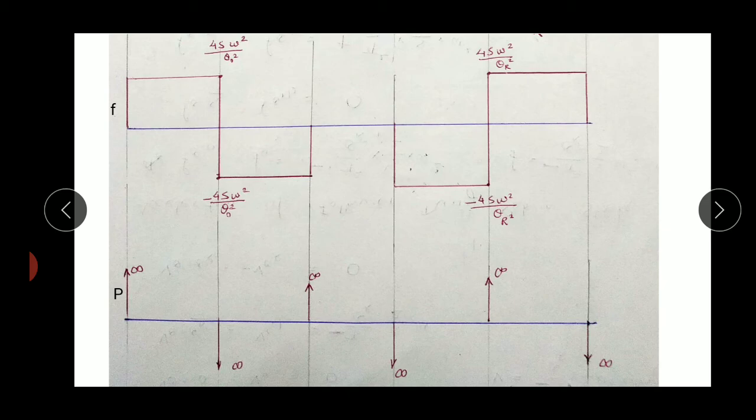Similarly, over here we are seeing a vertical line, that means infinite slope is present at the start of the return stroke. As infinite slope is present, an infinite amount of jerk is required at the start of the return stroke.